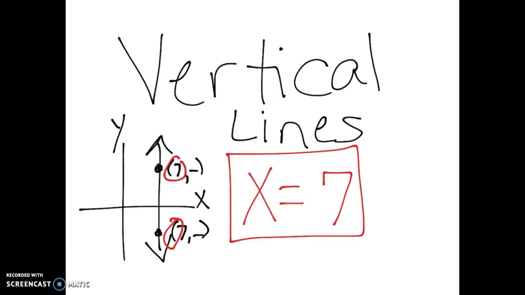For vertical lines, our slope is undefined, and so you can't plug the word undefined into either of our other equations that we learned. So you're going to have to remember an undefined slope actually ends up getting rid of your y value, and that's why you only have x equals a number. Okay?